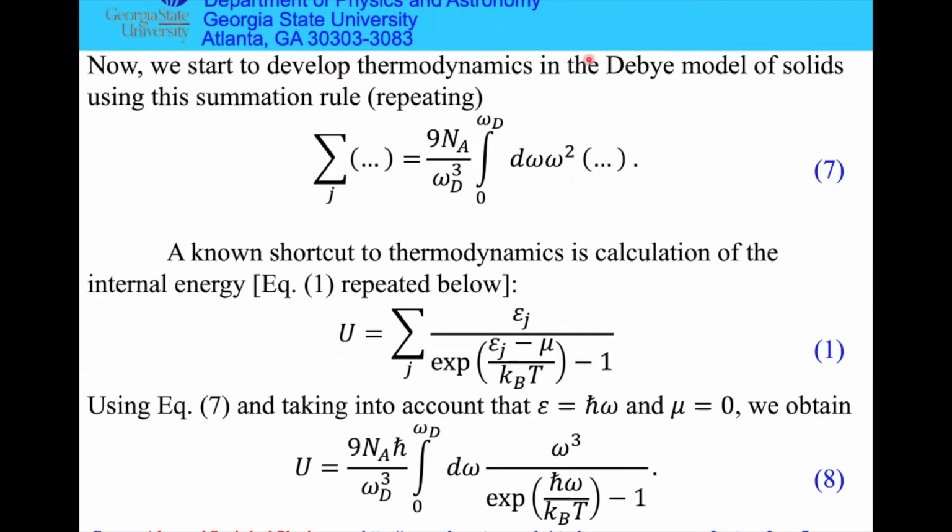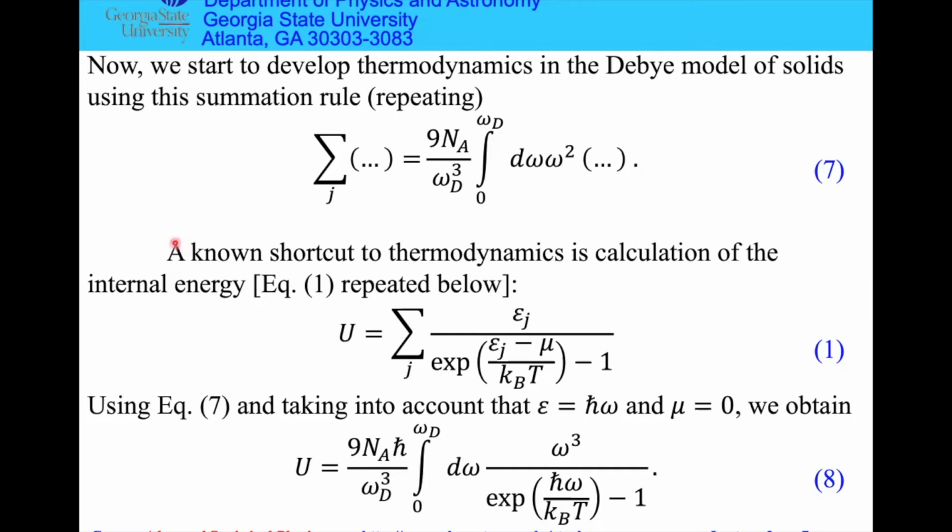Let's go. Repeating this sum rule that the last slide ended with. I'm just repeating it without changes. When I repeat, I always give the original number of the formula. Now we need to build thermodynamics based on this formula. We just need the summation formula.